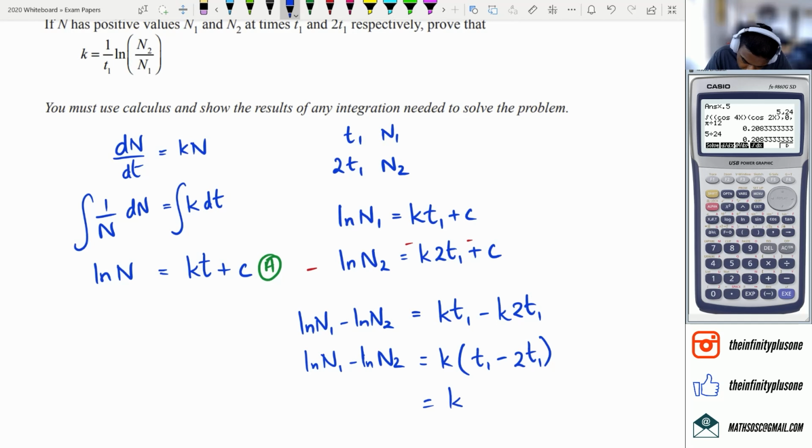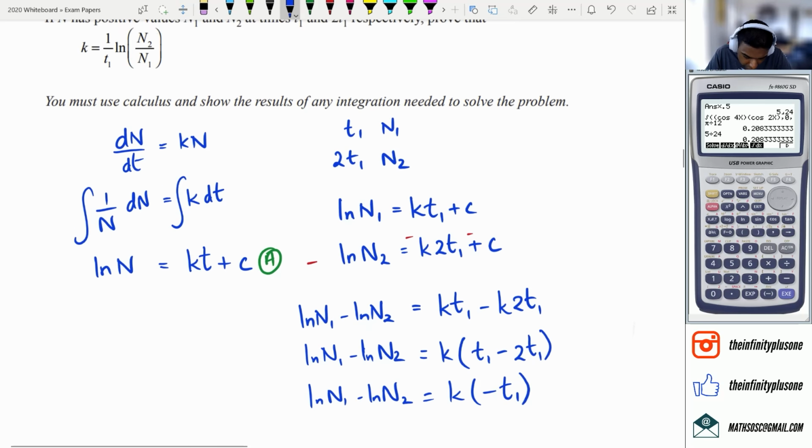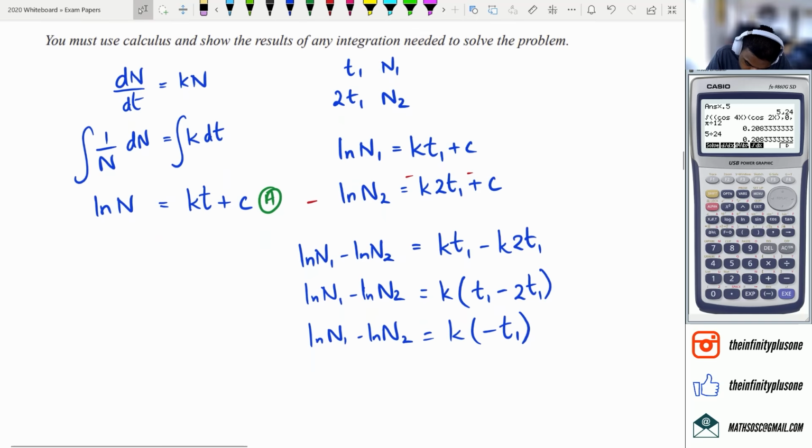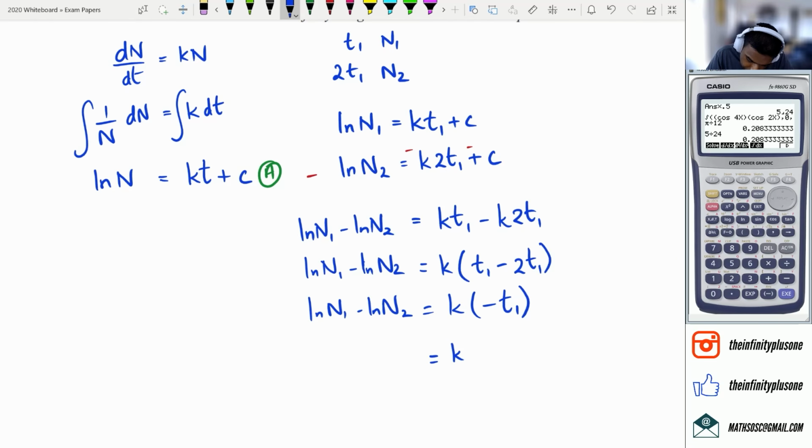Here t1 minus 2t1 is negative t1. Because I want to get k by itself, I bring the negative t1 to the left-hand side, and I get ln of n1 minus ln of n2 divided by negative t1.